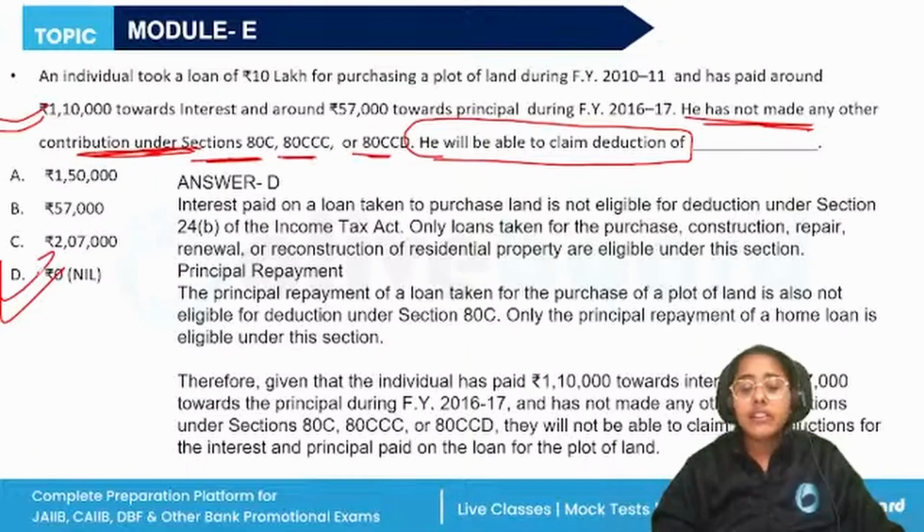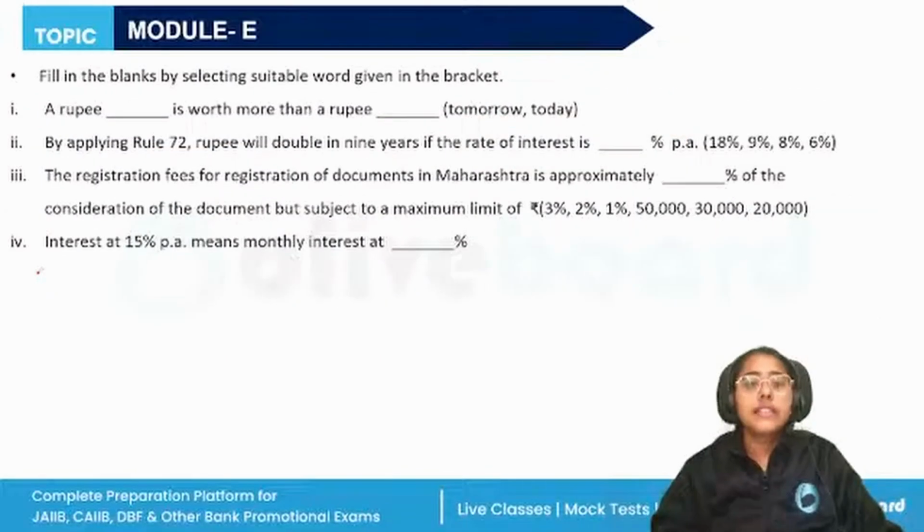Therefore, the individual has paid 1,10,000 towards interest and 57,000 towards the principal, but not being eligible, and having not made any other contributions, they will not be able to claim any deductions for the interest and the principal on the loan for the plot of land. All right, so the correct answer is option D.